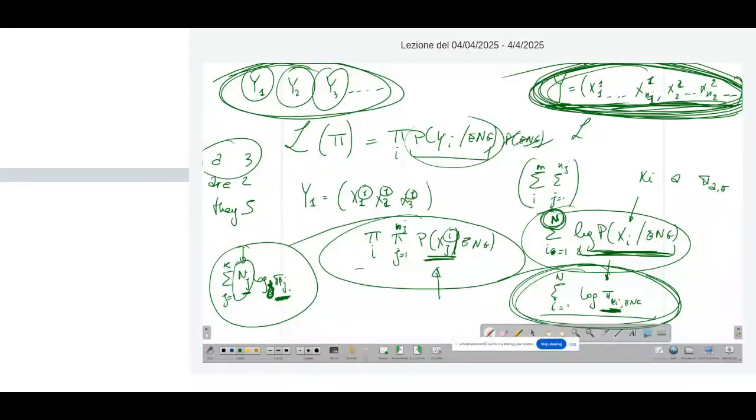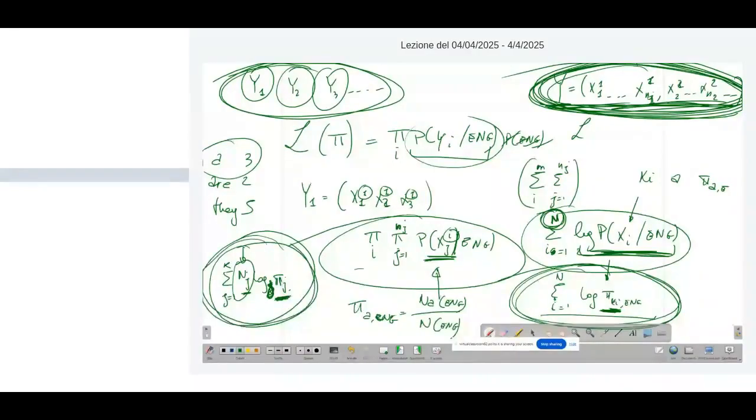And the model is the same model we did for the full color. Then it shouldn't be surprising that the maximum likelihood solution will be that the probability of A for English is the number of times I see A in English words divided by the number of English words that I have in my training set.